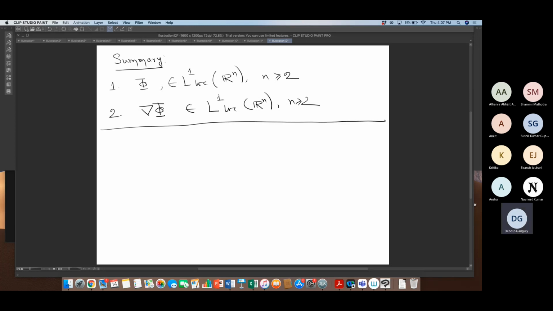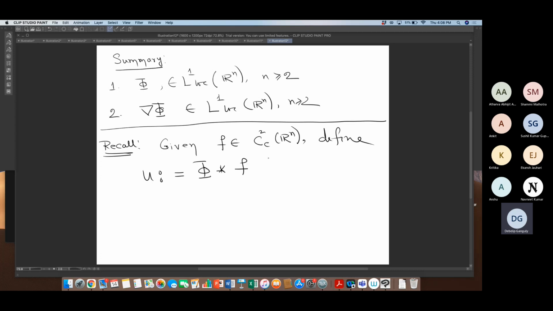These I will be using in the theorem. Now again recall the theorem. What we shall want to prove is that, given f in C2c of Rn, define a function u which is phi convolution f.